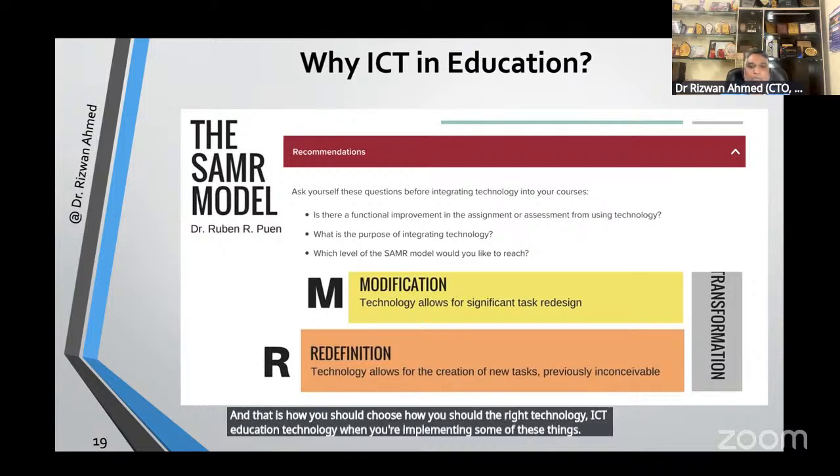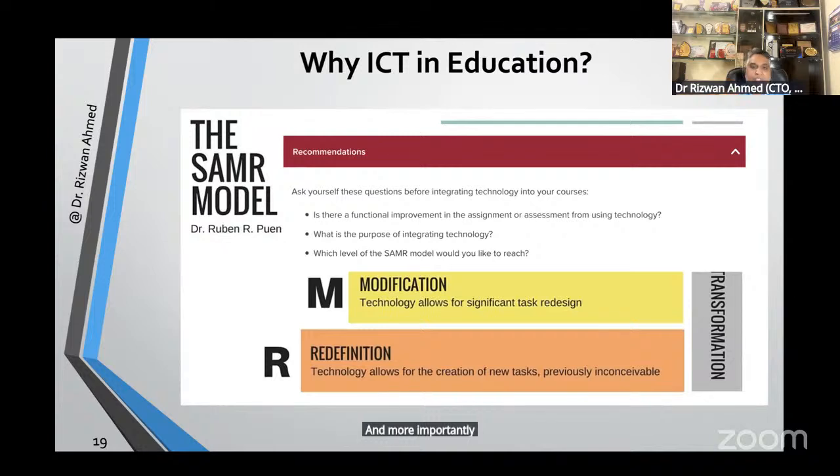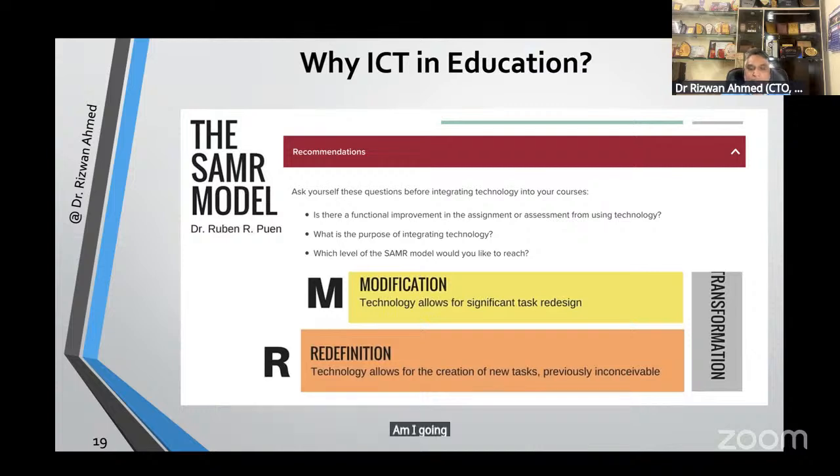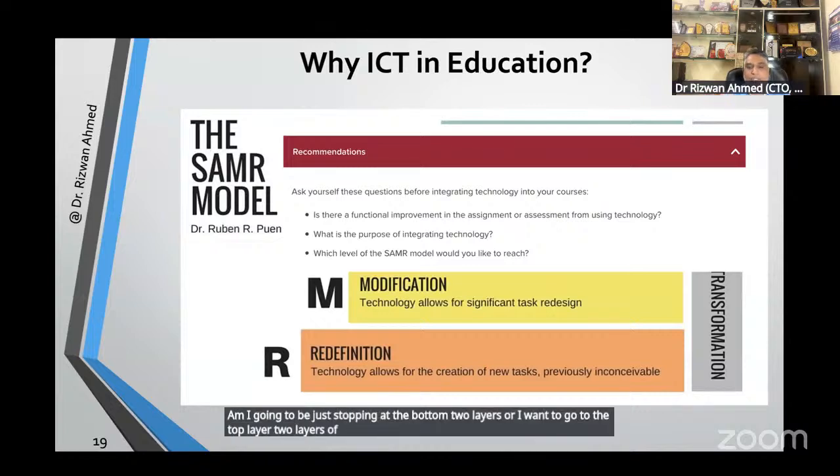And more importantly, as an instructor, you need to ask a question when you're going for a particular course: at what level of the SAMR model am I trying to reach when I'm implementing a certain course outline and how I'm trying to use technology? Am I going to be just stopping at the bottom two layers, or do I want to go to the top two layers of modification and redefinition?